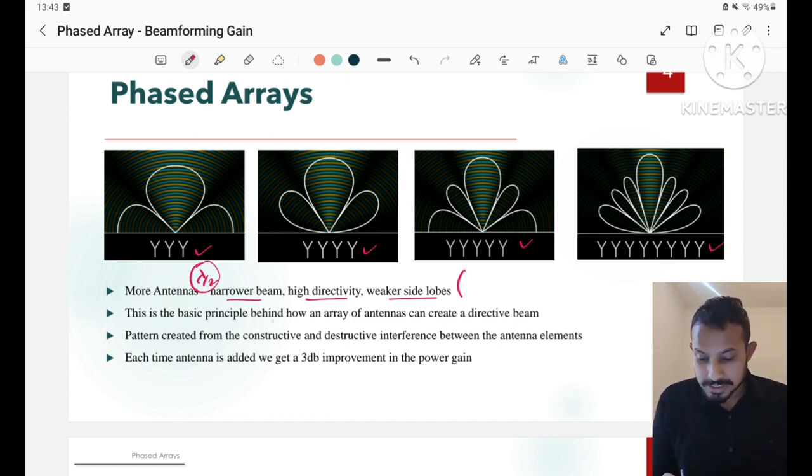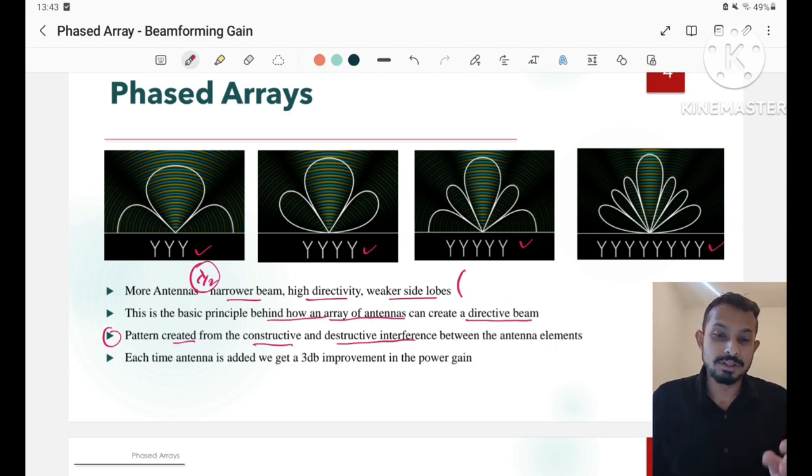This is the basic principle behind how an array of antennas can create a directive beam. Basically, a pattern is created from the constructive and destructive interference between the antenna elements, and each time we add an antenna into the array, we get a 3 dB improvement in the power gain.